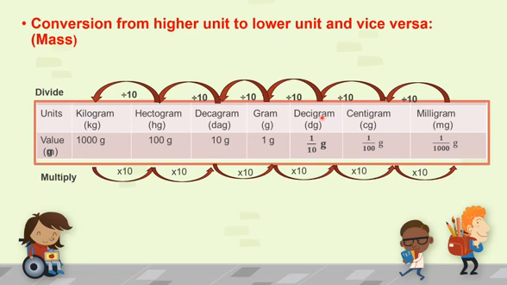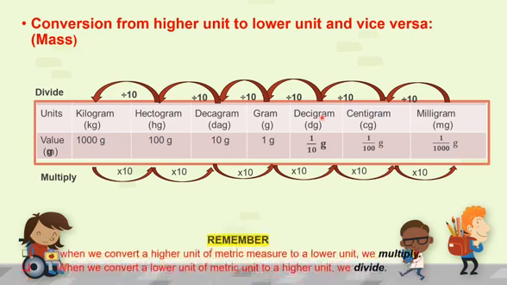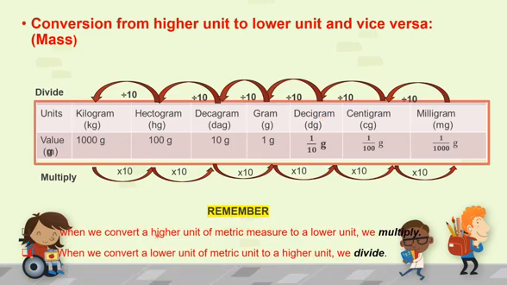So, always remember, when we convert a higher unit of metric measures to a lower unit, we multiply. And when we convert a lower unit of metric unit to a higher unit, we divide. So the short way of understanding and remembering this is to keep a short abbreviation in mind.